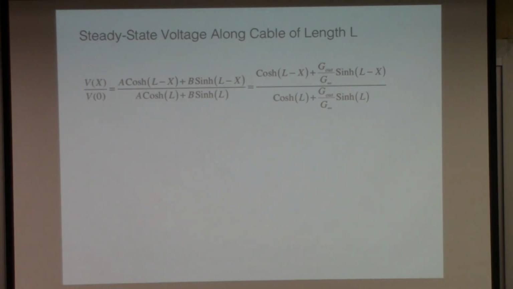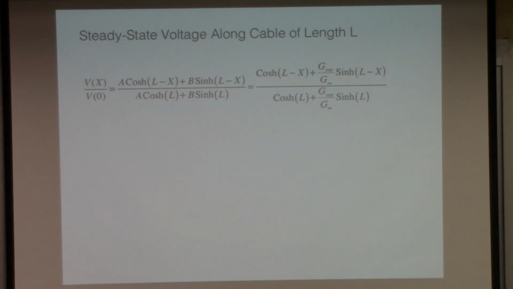So why do we care about this? If we're injecting current into the left side of any finite length cable at location x equals 0, we can compute V0 if we know the value of the current that's being injected and the input conductance of that cable.